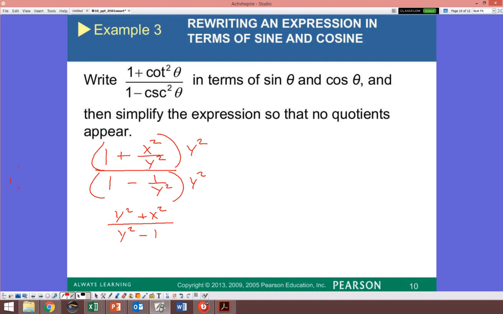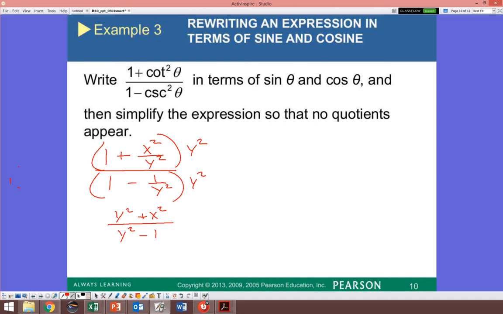Okay, now I'm reaching to my bag of candy for this one. Who could tell me what is the top part of that fraction? It's y squared plus x squared. Very good, but it equals something else. Pythagorean theorem.